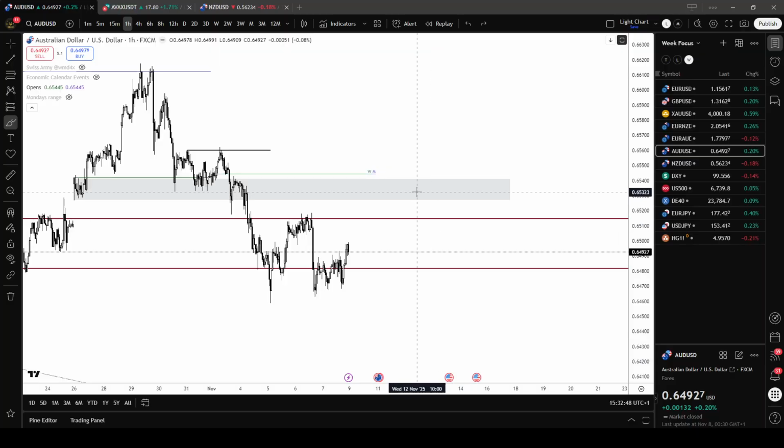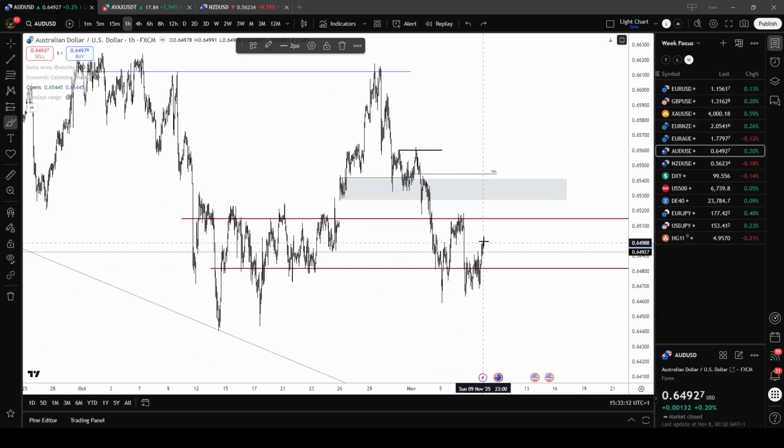So AUD is not something I want to trade for next week, because I think a lot of chop is to be expected, and probably the monthly open should give some rejection. And it doesn't make sense to play the longs here when you have clear euro and GBP and gold longs setting up.